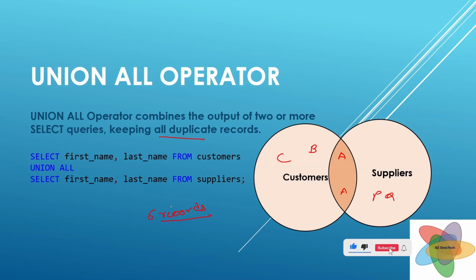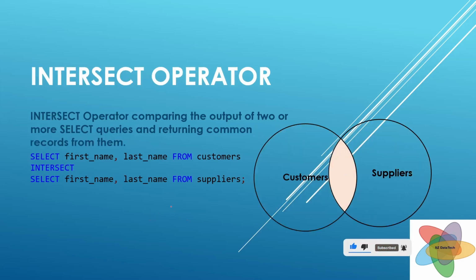Now let's move to the next operator, the intersect operator. Here the intersect operator compares the output of this result set with the output of this result set.